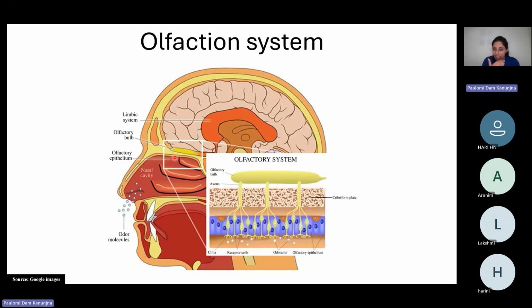Epithelium is basically the covering of a structure. Here you have the olfactory sensory neurons, and then the olfactory receptors, which are the ones that bind the odorant. The receptors are responsible for detection of molecules.